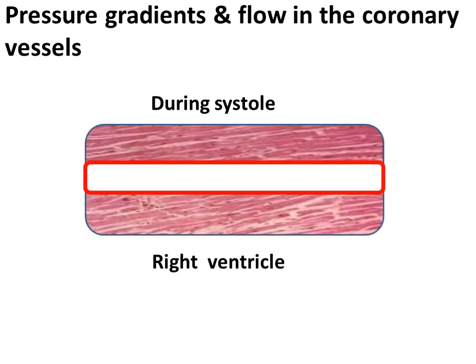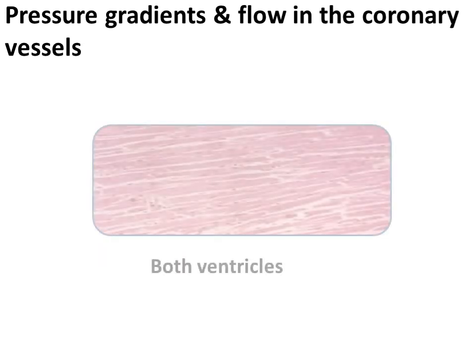During systole, in the right ventricle, the pressure in the intramuscular coronary artery is 120, which is that of the aorta, while the pressure in the ventricle is 25. The right side is lower pressure than the left side, so no compression on the intramuscular coronary artery on the right ventricle.